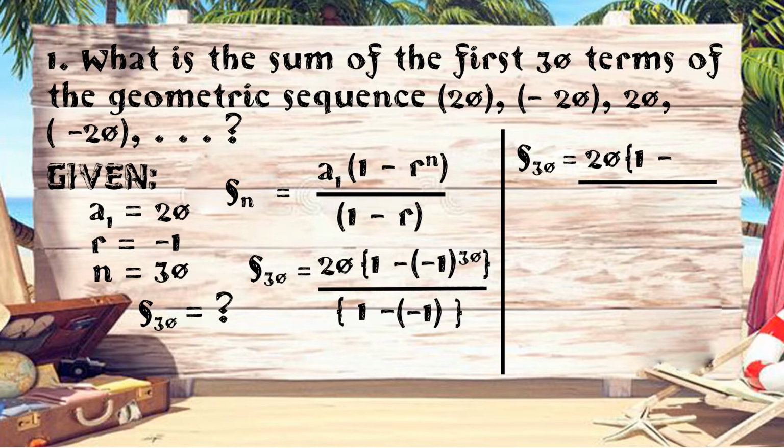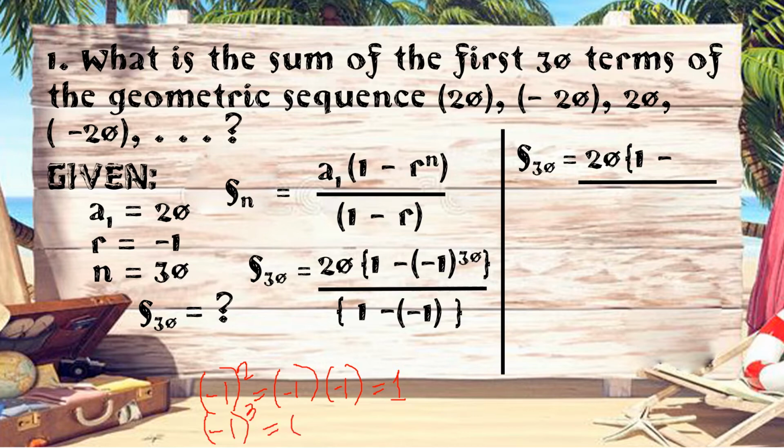Okay. Bago natin ituloy yung ating solution, check muna natin to. What is negative 1 square? Negative 1 square means negative 1 times negative 1, which is positive 1. How about negative 1 cube?